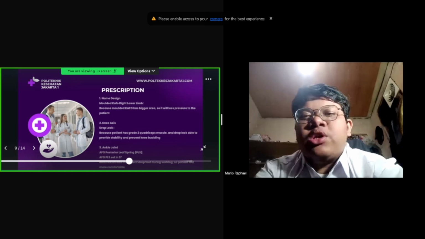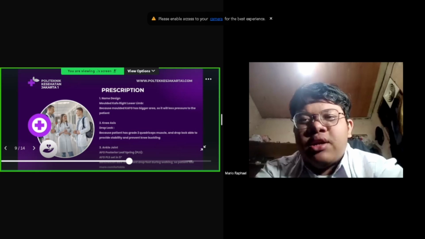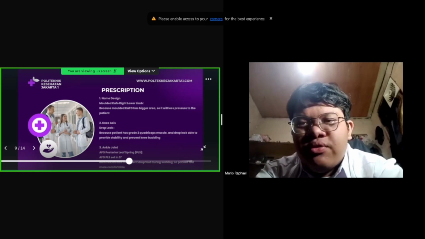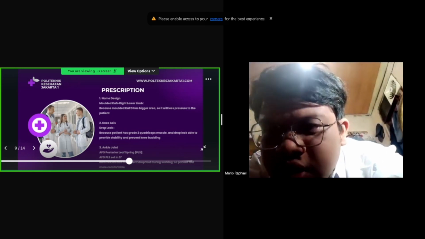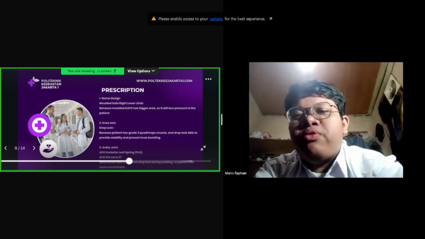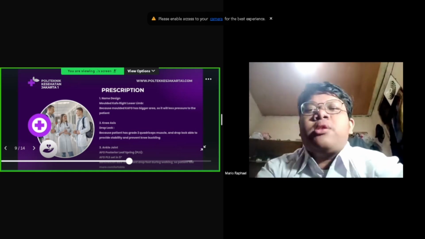And third, for the ankle joint, we choose AFO posterior leaf spring, or PLS. The PLS is set in 5 degree dorsiflexion to prevent drop foot during walking so the patient's foot is more comfortable.